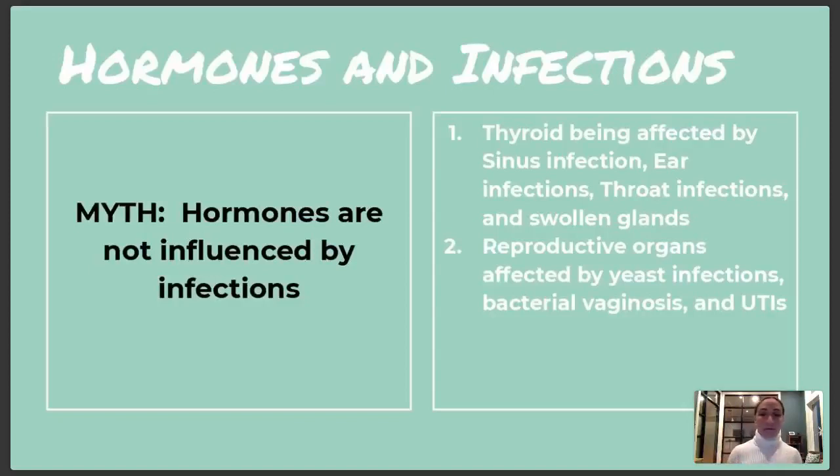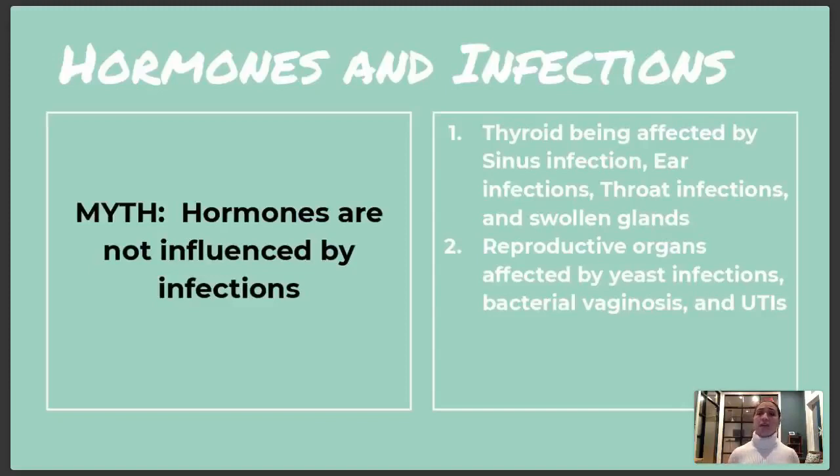And one of the most common things in the reproductive organs is infections. A lot of women are dealing with yeast infections. They're dealing with bacterial vaginosis. They're dealing with discharge. They're dealing even with UTIs, urinary tract infections. The urinary tract and the vaginal tract are in extreme close proximity, and most of the time, the same things that are in your urinary tract are also affecting your vaginal tract.